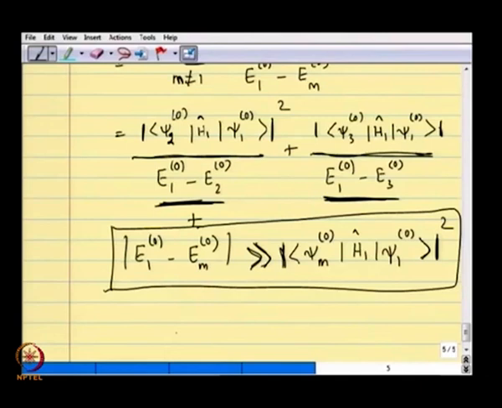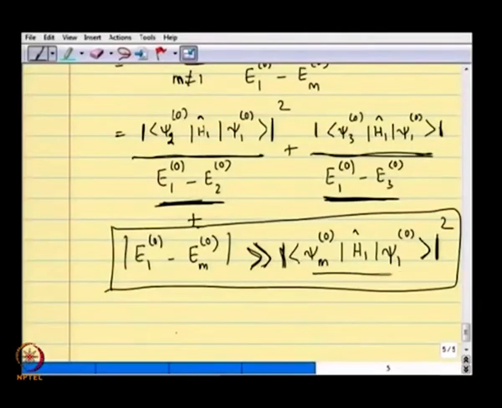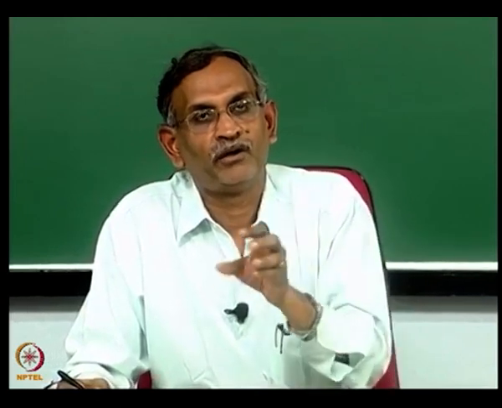That is, the difference between the 0 order energy levels connected by the perturbation, H1 connects 1 to m, is very large, and the magnitude of the perturbing Hamiltonian itself is very small, such that the ratio is much less than 1.